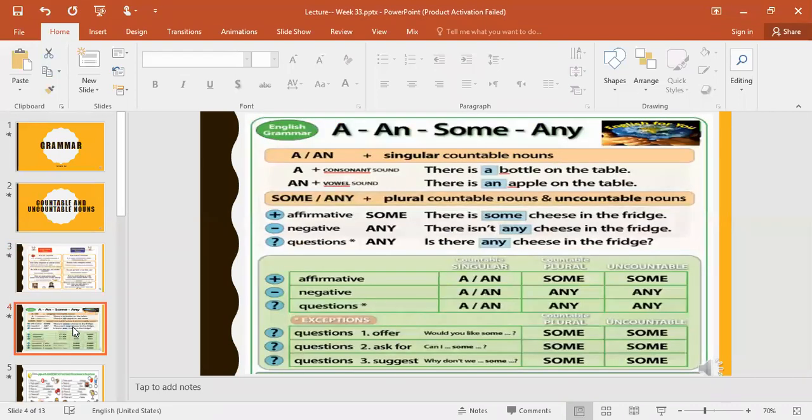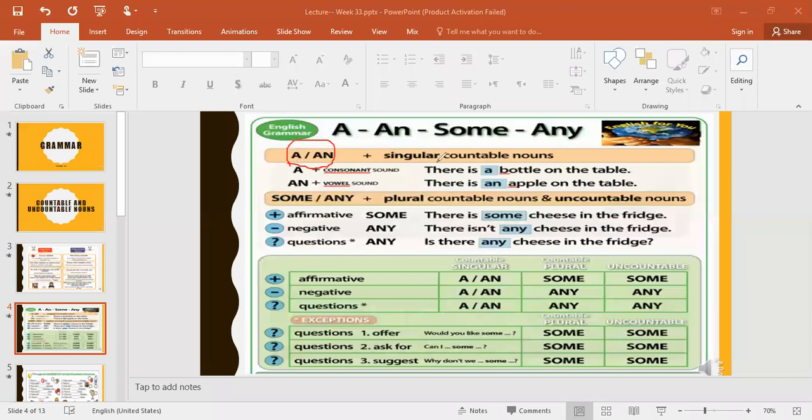Now, let's move to a, an, some, and any. What do we use these for? As you can see here, we have a and an, right?